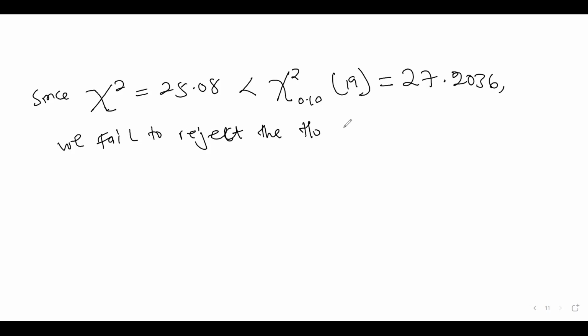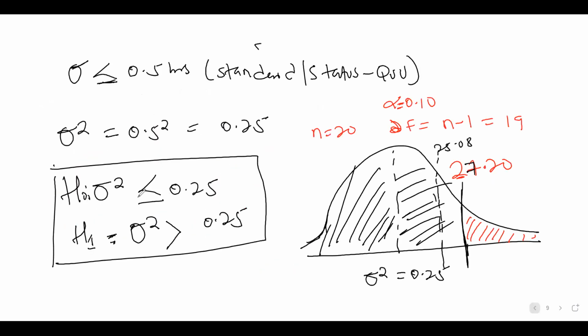And conclude that, so let's go and look at our null hypothesis. Our null hypothesis is that the population variance is less than or equal to 0.25, or the population variance does not exceed 0.25. So that was our null.